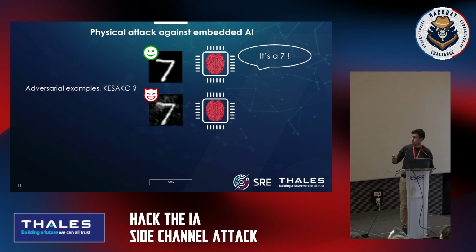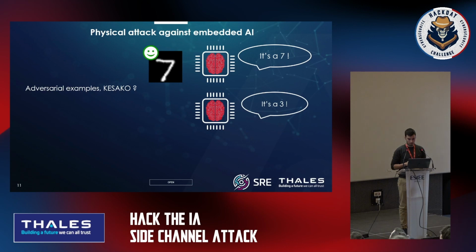But here, just for the demonstration, I decided to add a huge amount of noise in order to clearly visualize the differences between the original input and the evil one. What we wanted is to add some noise on our input, such that if this noisy image is sent to our artificial intelligence, then the prediction will be fooled.